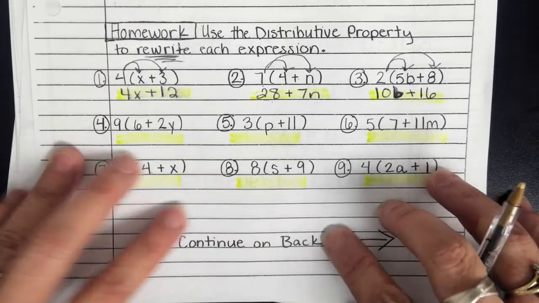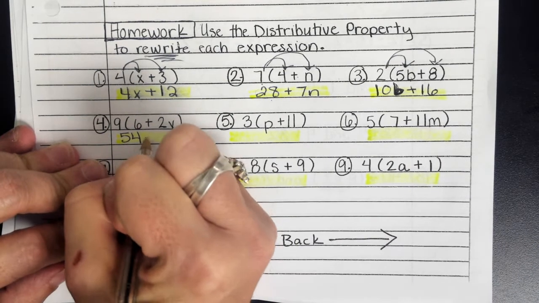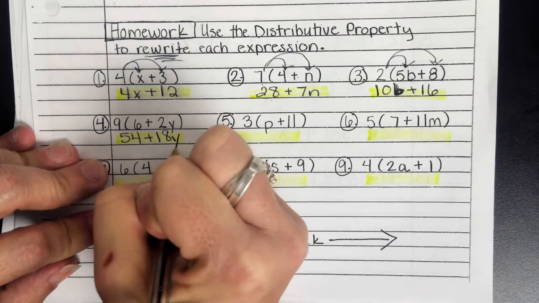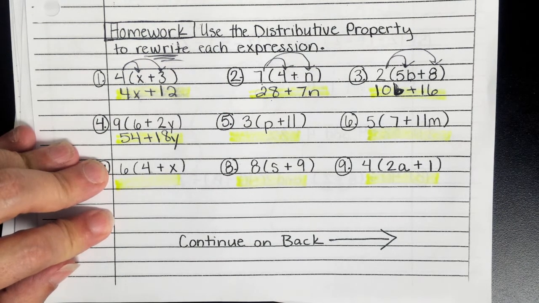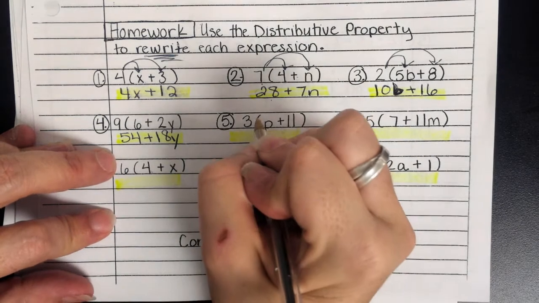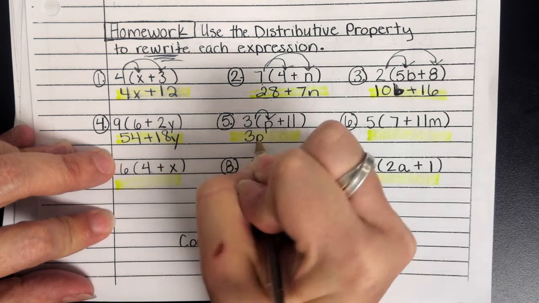9 times 6, 54. Plus 9 times 2y, 18y. Okay. 3 times p, 3p.